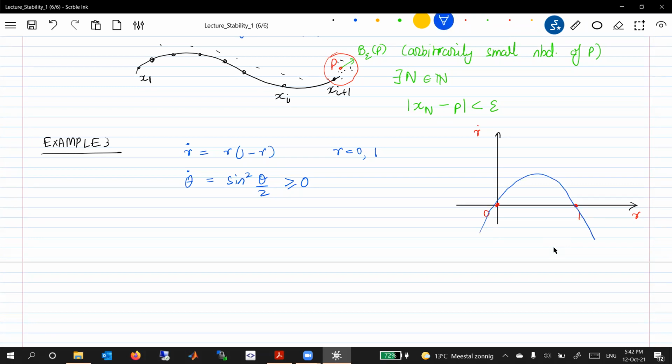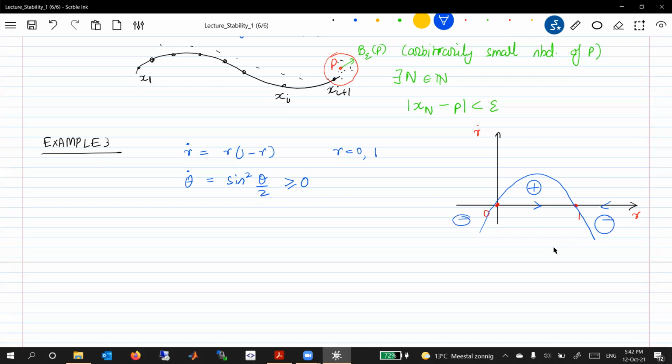Somewhat like this. And we see that the right-hand side is positive in this direction, so r will keep increasing, and it's negative here, so r will keep decreasing here.